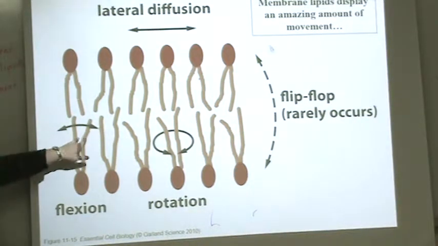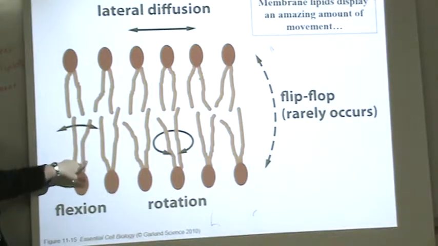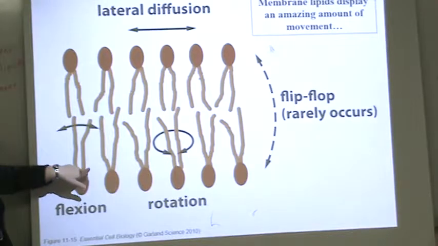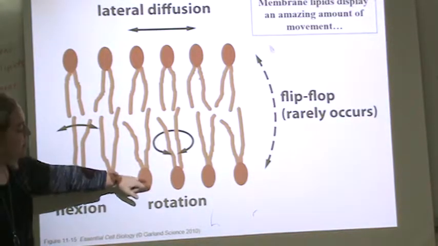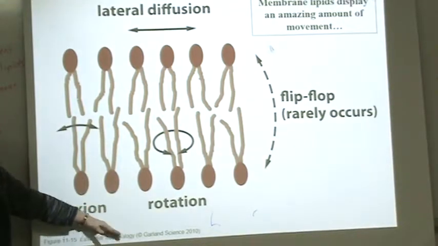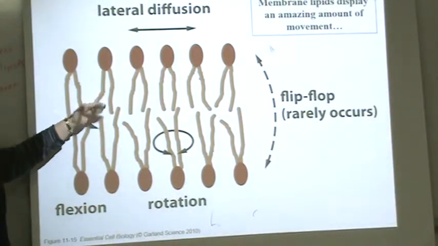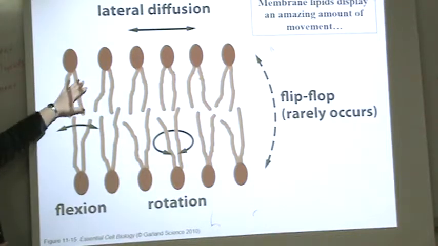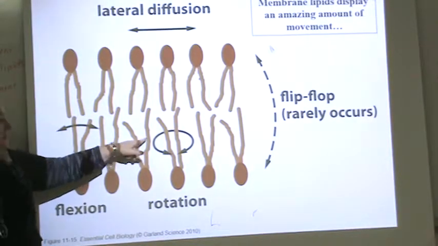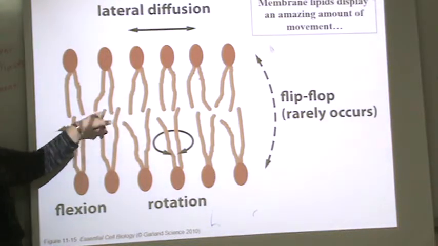I want to go back to something that has to do with tail kinks as well. Yes, we have hydrophilic heads associated next to water and tails lined up tail to tail in a hydrophobic region. But notice how they have different levels of kinkedness, so to speak.